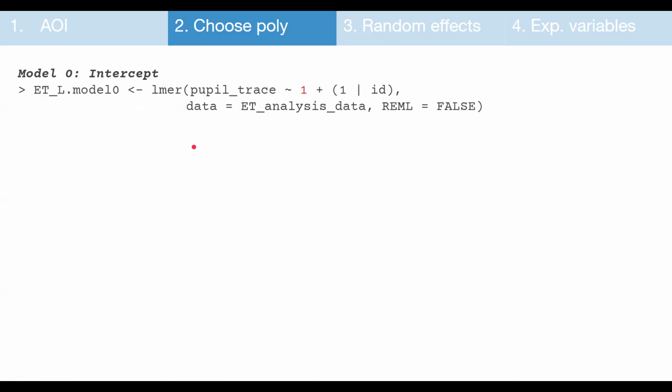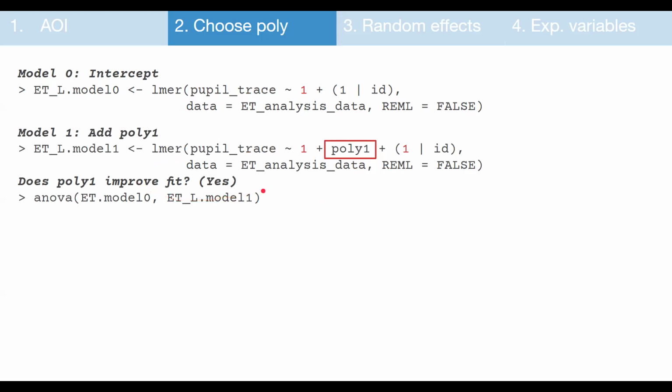So what we are going to do to test these polynomials is to take a very similar approach to the one that Drew already told you. That is constructing models that one by one add each of the polynomials. And what we will do is to compare the model that does not include the polynomial with the one that includes the polynomial.